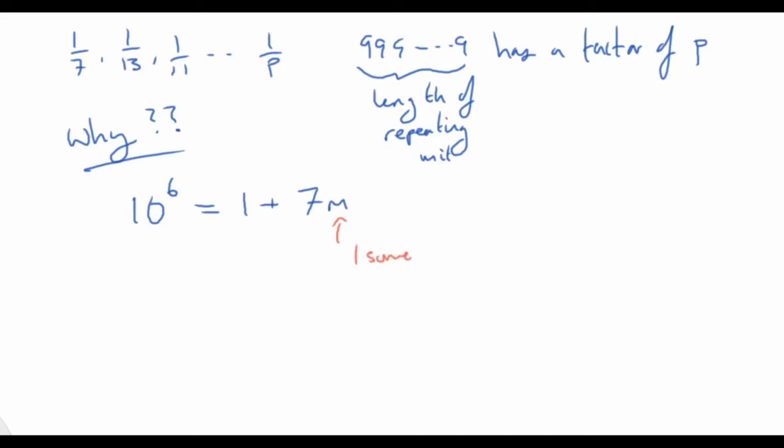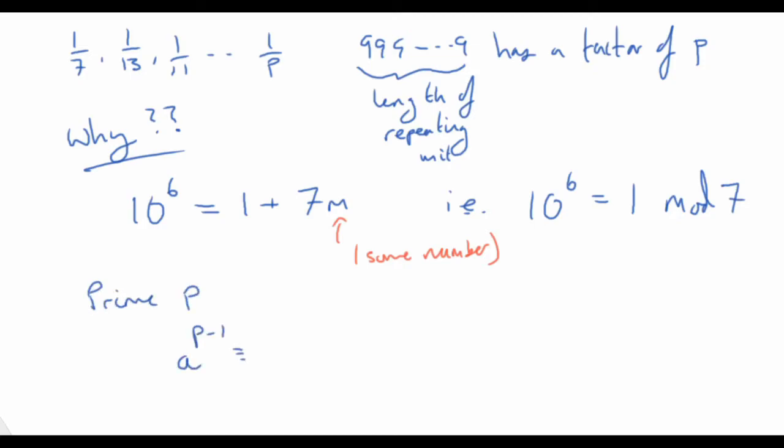So we can say that 10 to the power of 6, 1,000,000, is equal to 1 mod 7. So that just means 1 more than a multiple of 7. And in fact, Fermat's little theorem, which I alluded to at the beginning, exactly states that if I have a prime p and a number a, which is not a multiple of p, then a to the power of p minus 1 is 1 more than a multiple of p. So it's 1 mod p.